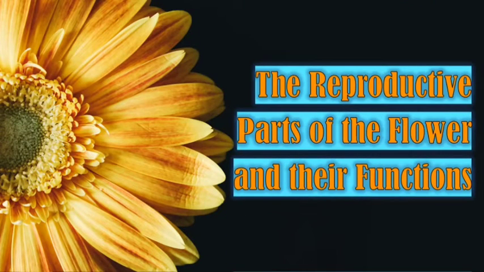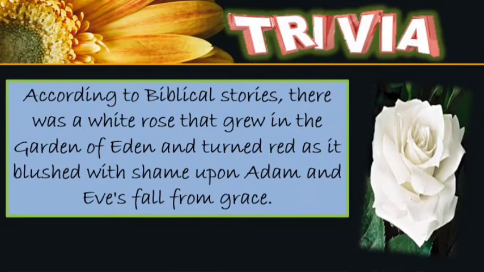Let's now proceed to the reproductive parts of the flower and their functions. We have a trivia here. According to biblical stories, there was a white rose that grew in the Garden of Eden and turned red as it blushed with shame upon Adam and Eve's fall from grace.